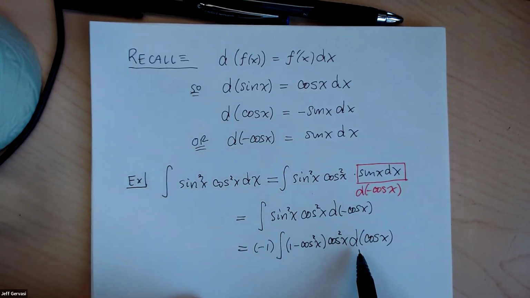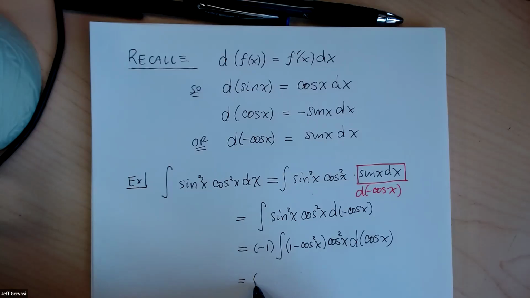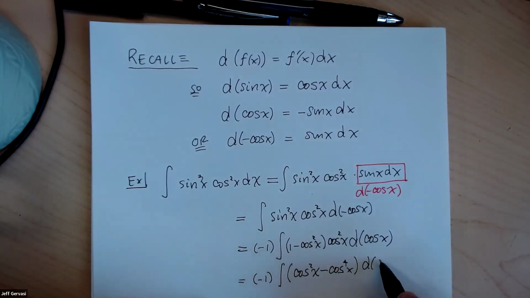Now I'm integrating with respect to the cosine function, and I have only cosines now under the integral symbol. Let's distribute the cosine squared through. And then we can just simply read them off, term by term.